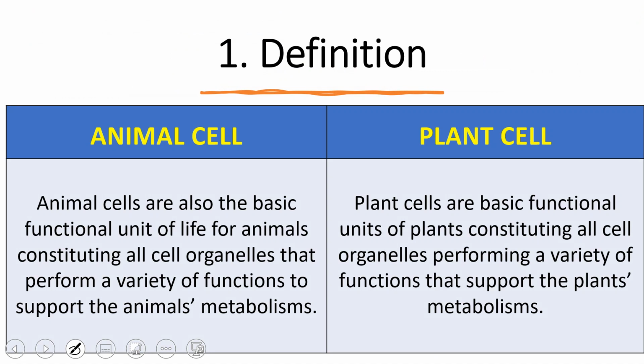Plant cells are the basic functional unit of the plant, constituting all the cell organelles performing a variety of functions that support the plant's metabolism and their normal physiological requirements. So animal cells are the basic unit of the animal body, and plant cells are the basic units of the plant.